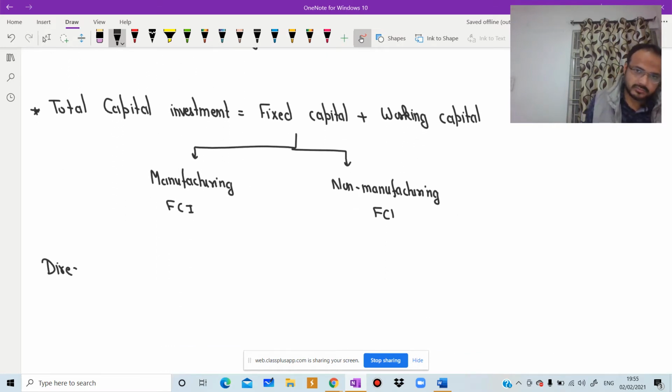Direct and indirect cost, part of fixed capital investment, very important from the GATE point of view. Direct cost includes purchased equipment. They have already asked questions from this topic.